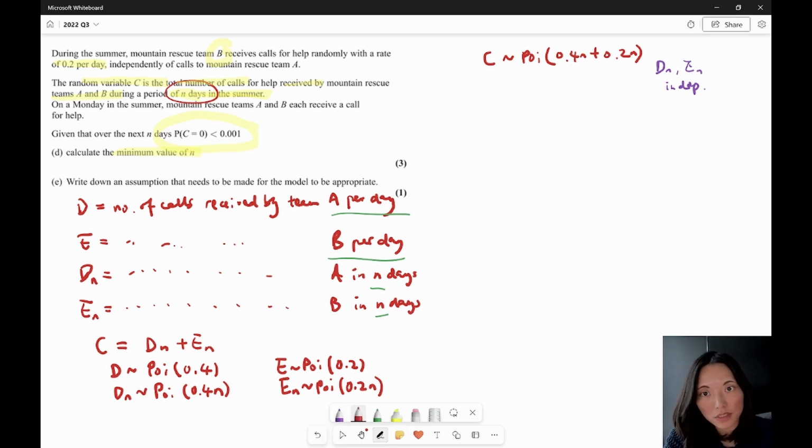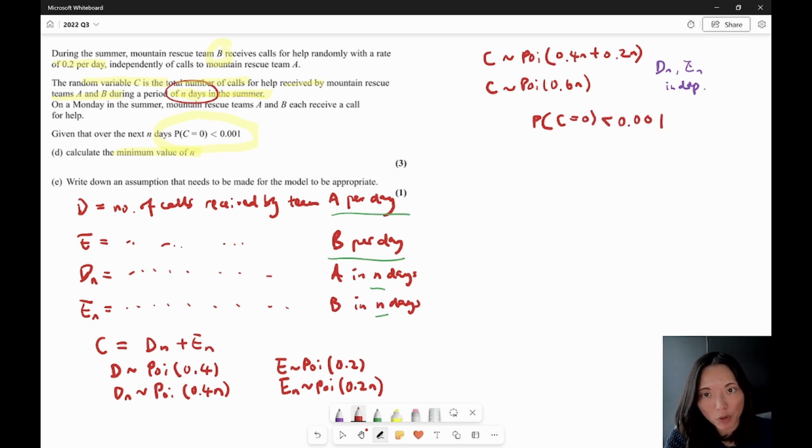Okay? Simplifying that, C follows the Poisson distribution with mean 0.6n. Looking back at the question, it's given us this inequality. Probability of C equals 0 is less than 0.001.